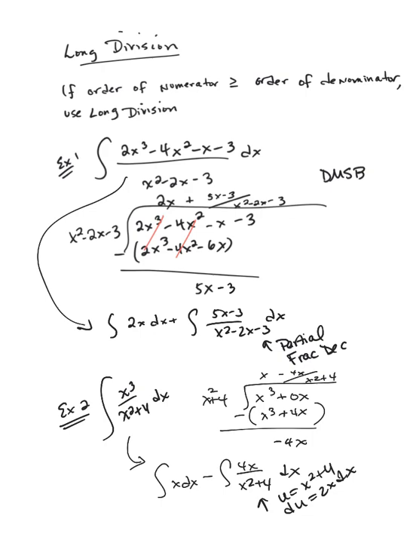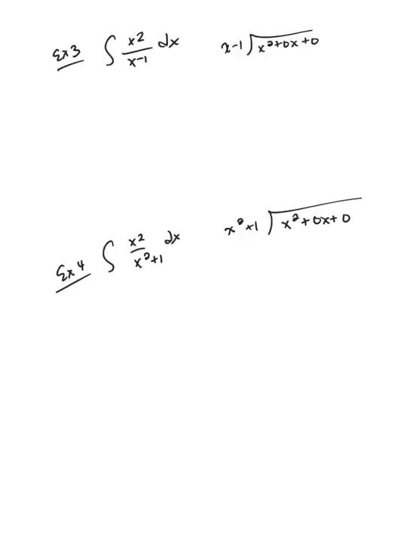So I can take this 4x and make it 2 times 2x. So I get the integral of x dx minus 2 times the integral of du over u. And you should be able to finish that problem up from there. Okay, so copy down the setup of these problems and then come back and get started.